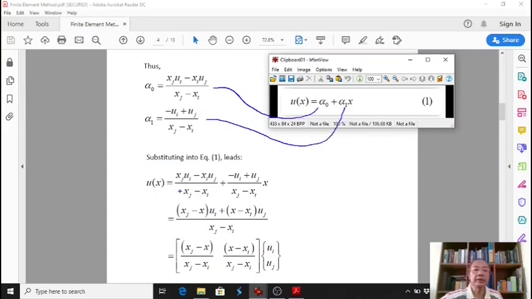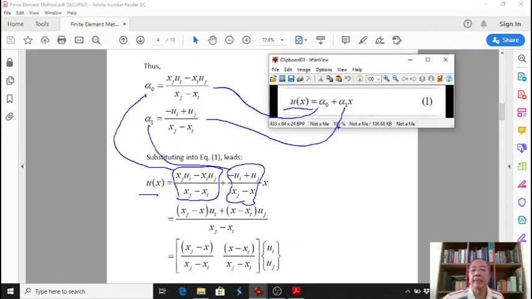So now this is u(x) equal to, so this is alpha 0, which comes from this, plus alpha 1. This is alpha 1, which comes from this, multiplied by x. And then we go to simplify.